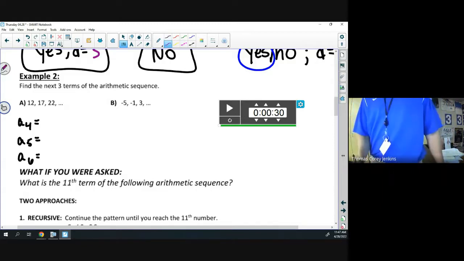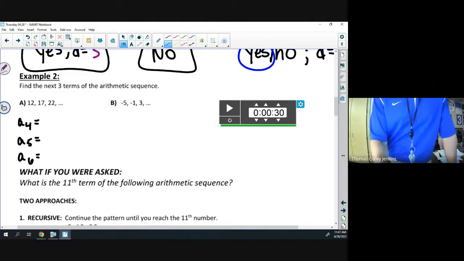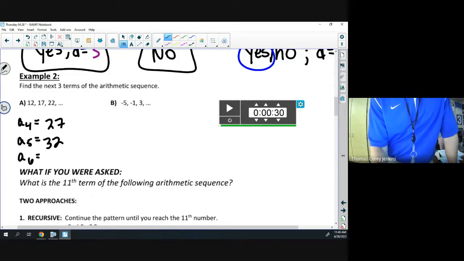But again, we can recognize that the pattern is that I'm adding what each time? 5, good. And so our next term is going to be whatever 22 plus 5 is, right? So 27. A sub 5 is going to be 27 plus 5, or 32. And then our last term that we're going to write out is going to be 32 plus 5, which is 37.